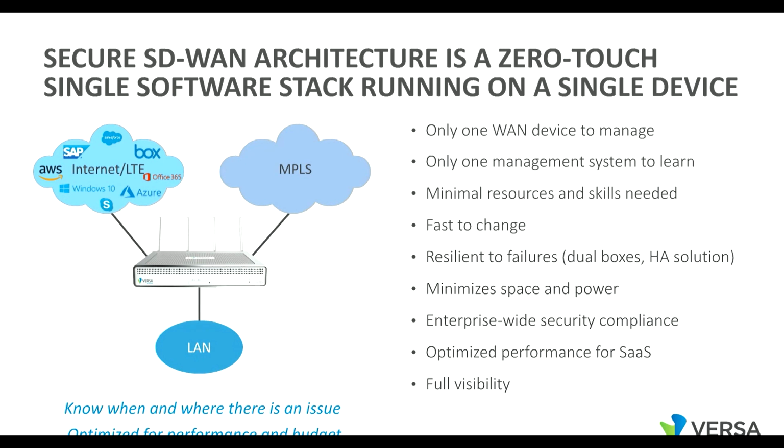We've eliminated all those 60% of the functions which you are redoing for every one of those devices, for every one of those appliances. It gives you optimized performance for SaaS, and minimum resource skills needed to manage this network, and it's fast to change, as well as resilient to failure with full visibility. So that is what the solution should offer, and we'll get into more detail in the next slides.